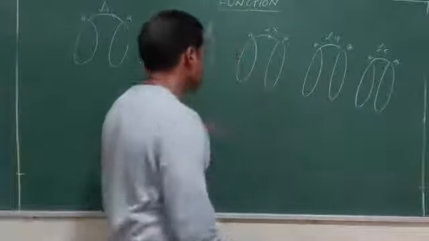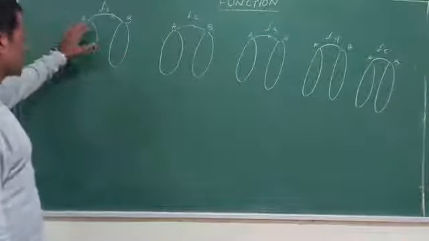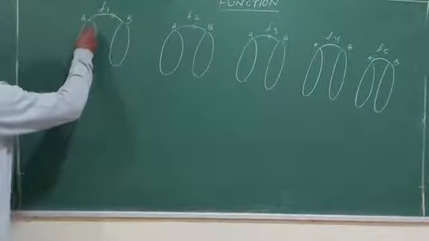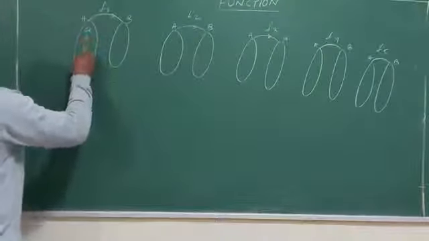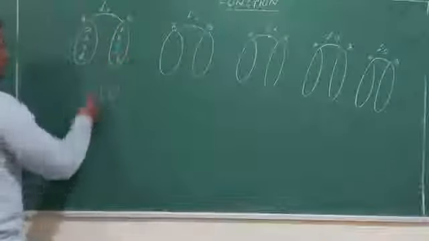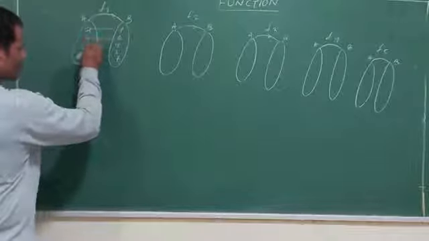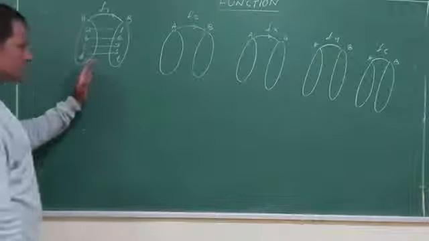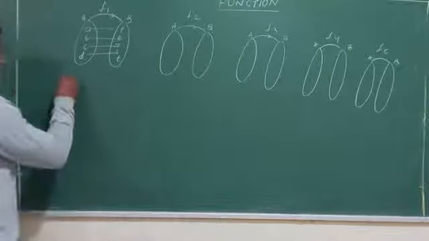What I have done is I am taking examples of different functions. This is the domain, this is codomain. Suppose I take A, B, C, D, P, Q, R, S, T. If I look at this function, F1, it is defined on two sets. What is the domain here?